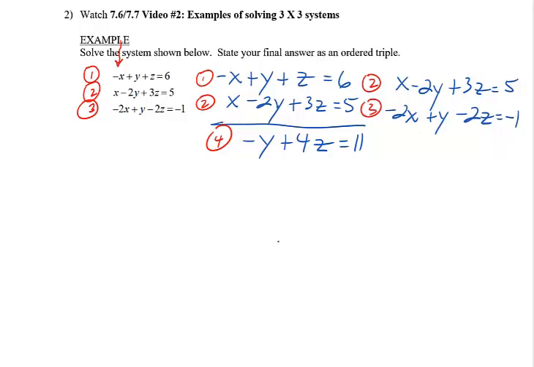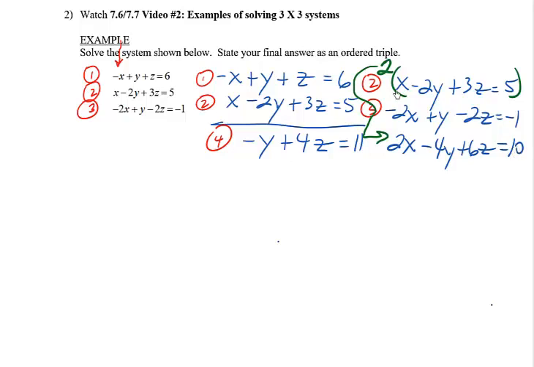I'm going to have to do a multiplication trick. It looks to me that if I take the top equation and multiply through by 2, then the x part will become 2x, which is what I need so that the x's will drop out. So let's go ahead and do that down here. That's going to give me 2x minus 4y plus 6z equals 10.